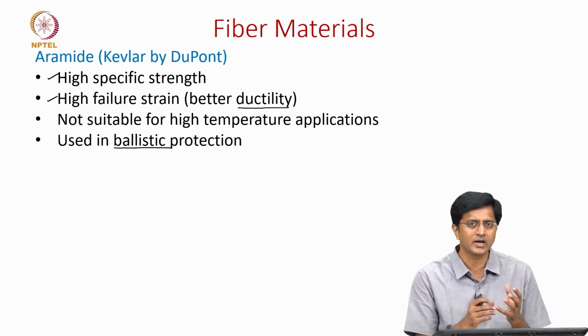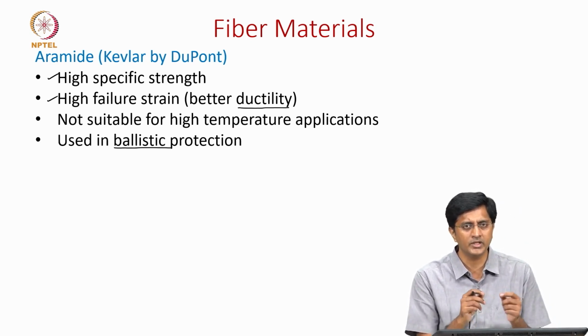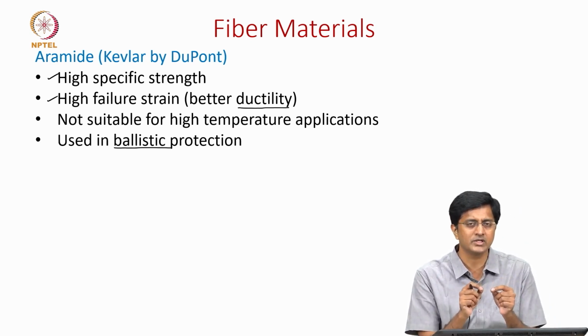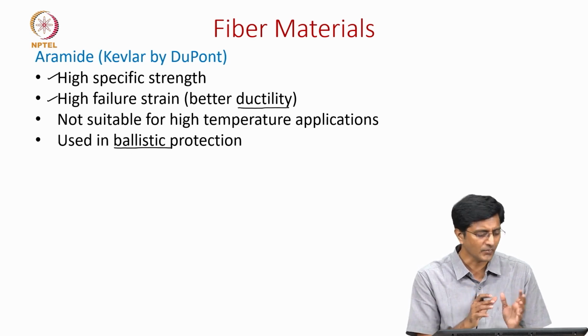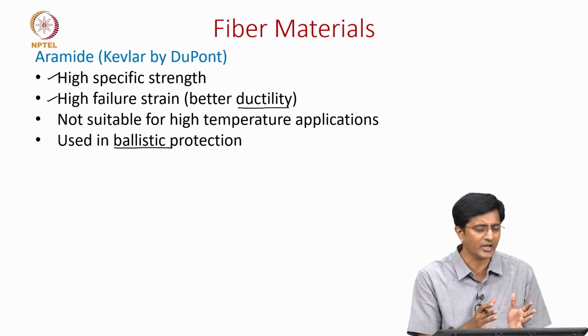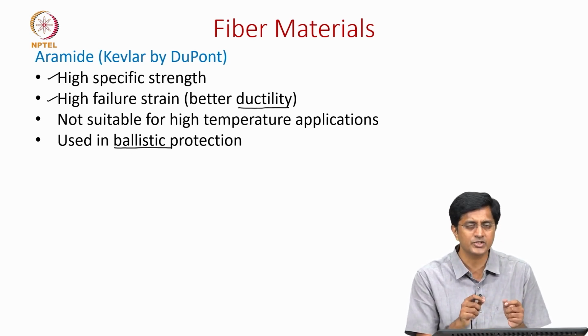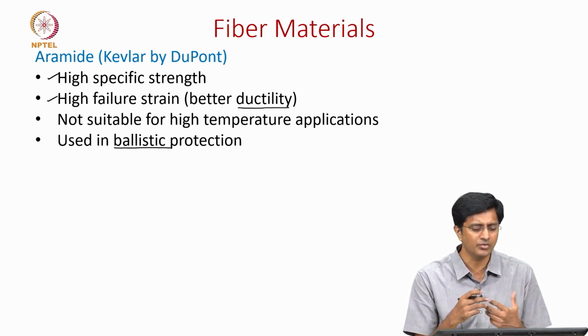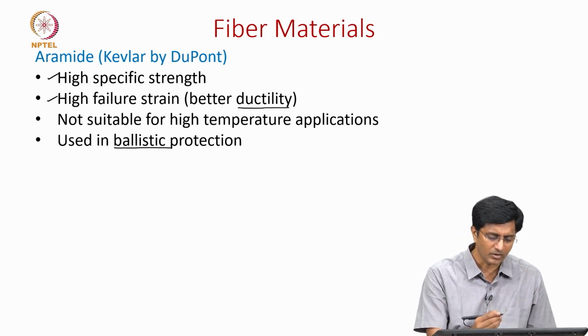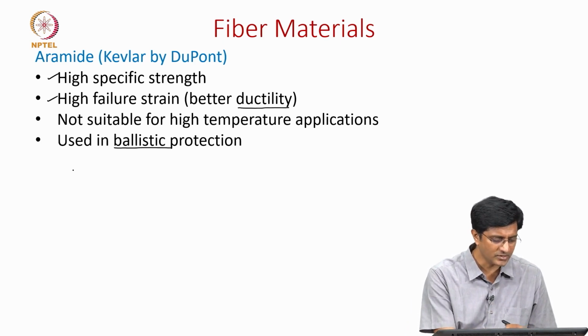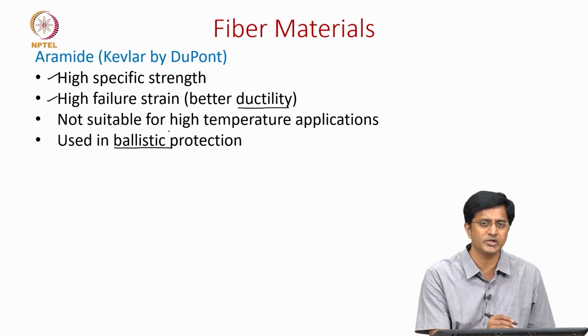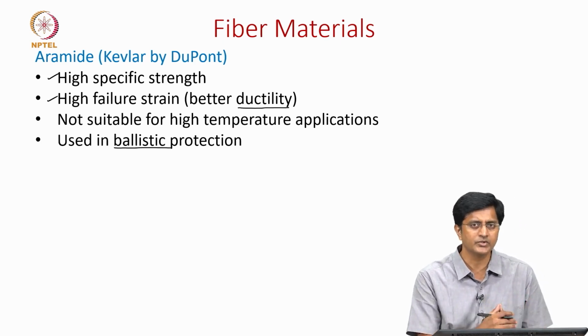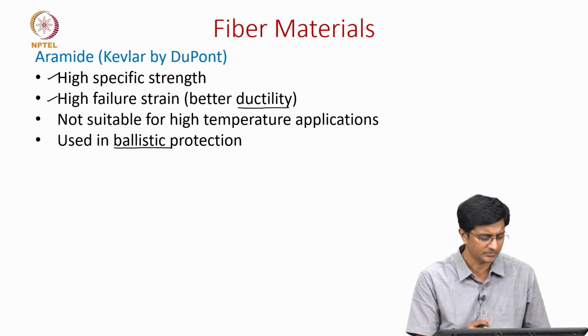In general, glass and carbon fibers are considered to be brittle, meaning they take very little failure strain. But compared to them, aramid can take large failure strain, which means they are more flexible and can take more energy before failure. But one disadvantage with aramid is that they are not suitable for high temperature applications because of their decomposition.